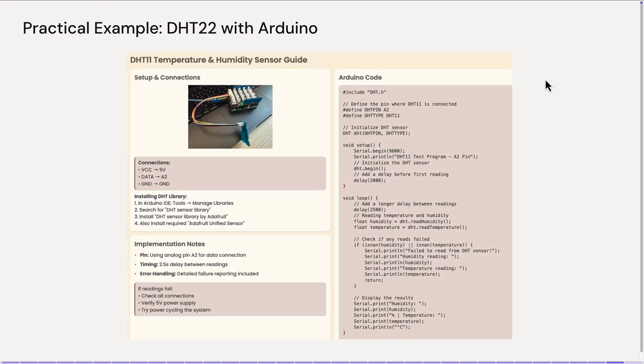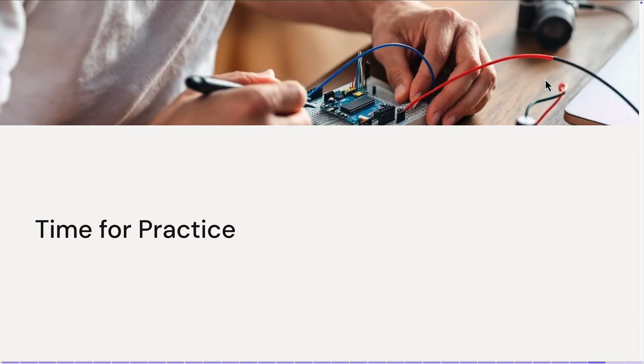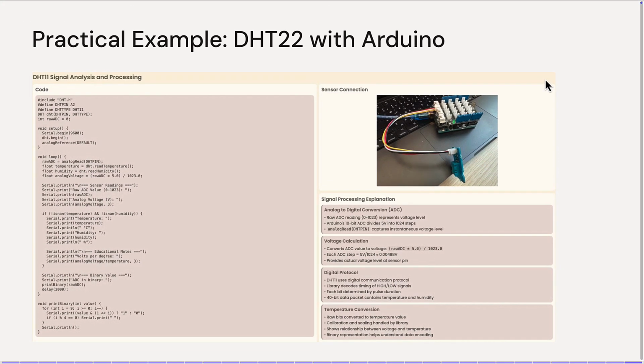But if I want to see the voltage and the raw values, it's this code here. Look, here I collect the temperature, the humidity, and then I can read the analog voltage by applying the raw ADC value, which is obtained from analogRead. So this one is going to read the analog value and convert it. So this is the raw digital value.